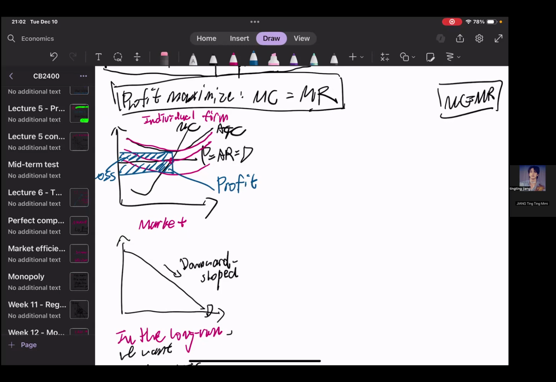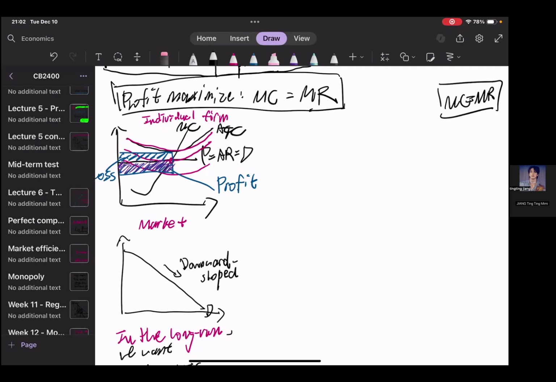Let me use another color, just so you make it more clear. Yeah, this part is the profit, because average total cost is lower than price, whereas the other half is considered a loss. And which way will cause a different effect too.